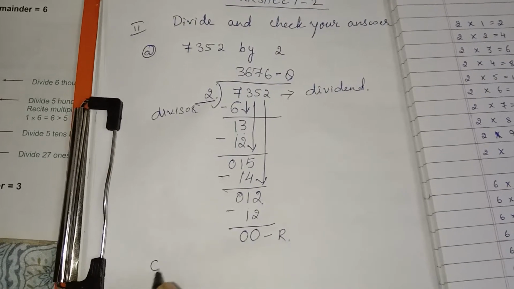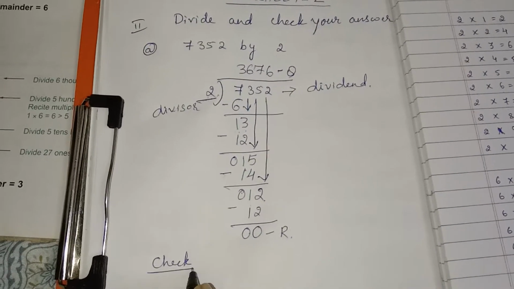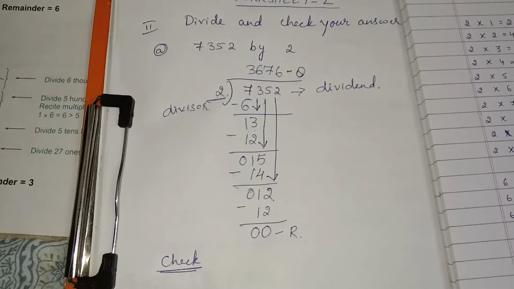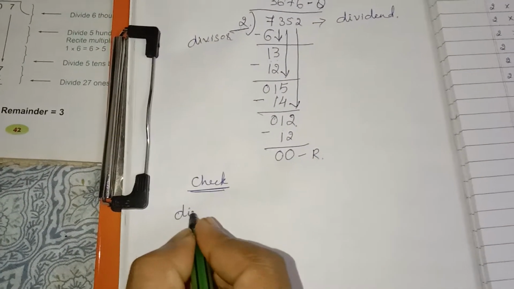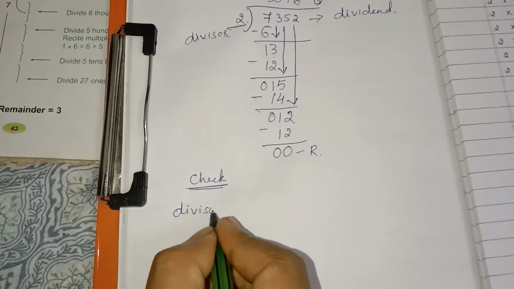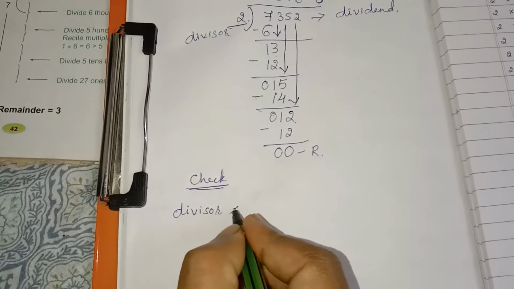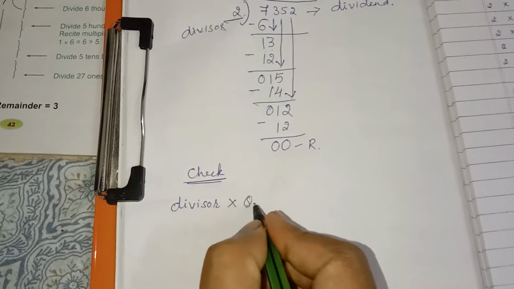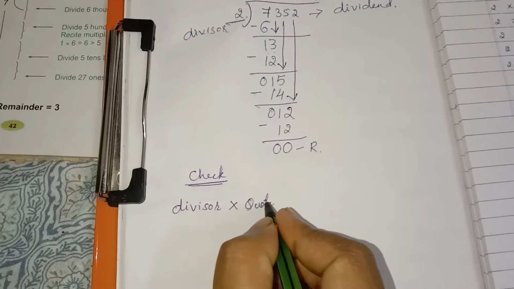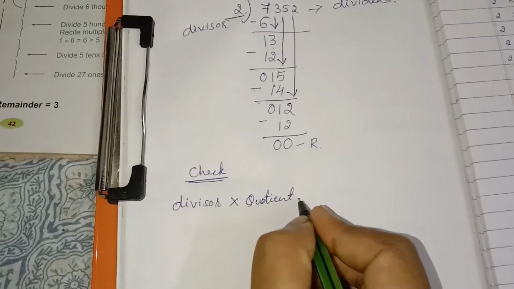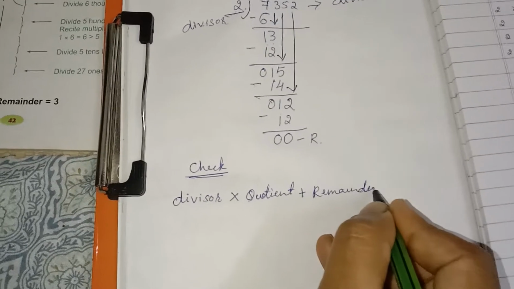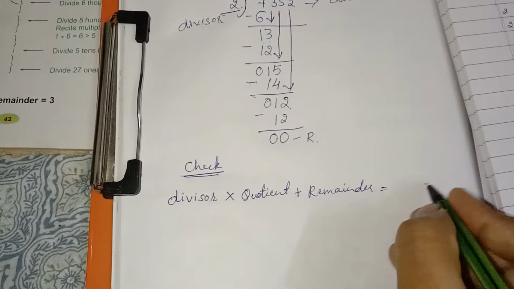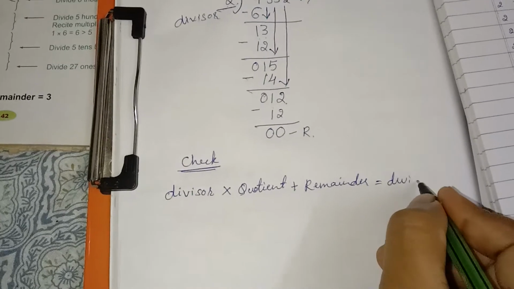Check the answer by the relation: divisor into quotient plus remainder is equal to dividend.